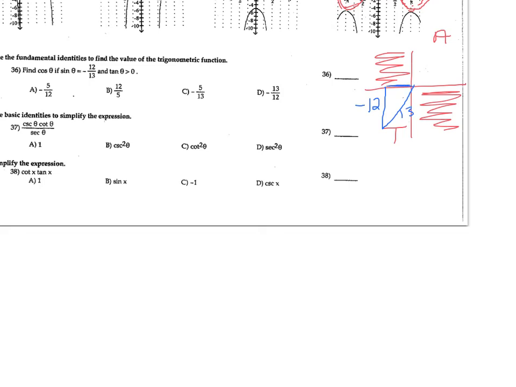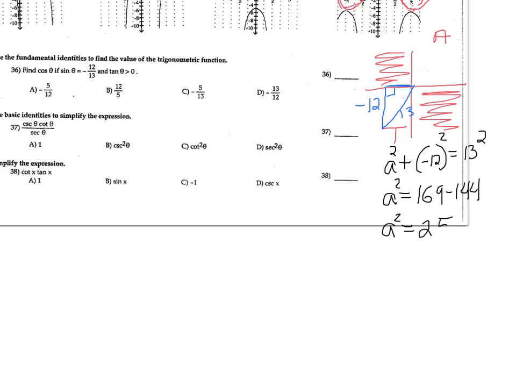So I'm missing the adjacent side. How do I find the adjacent side? A squared plus B squared equals C squared. And that's just a triplet, right? A squared equals 169 minus 144. And A squared is what when you subtract those two? 25. So therefore, A must be positive or negative 5.